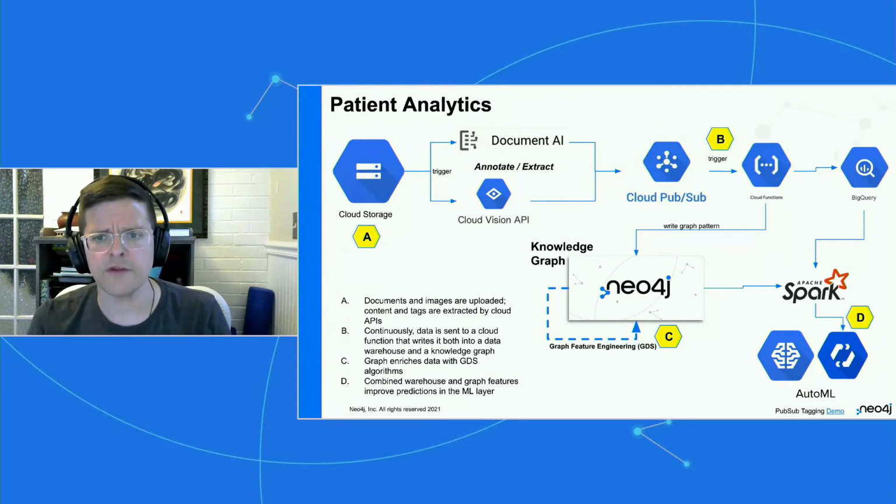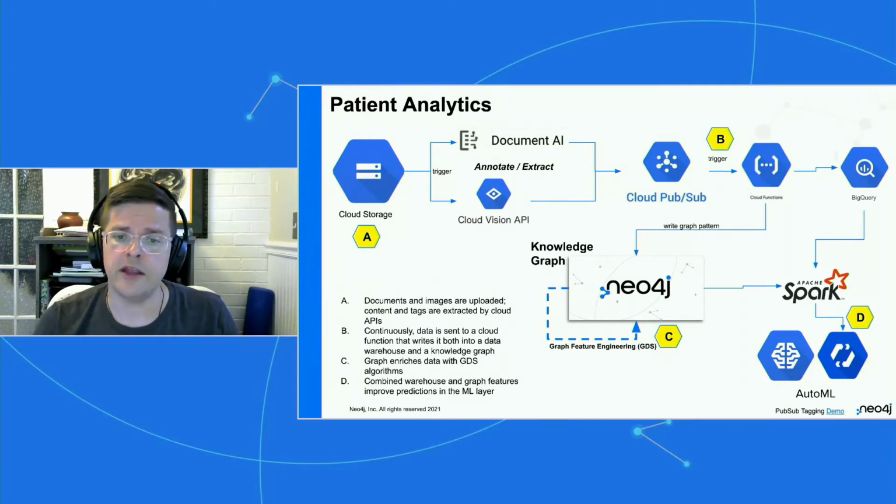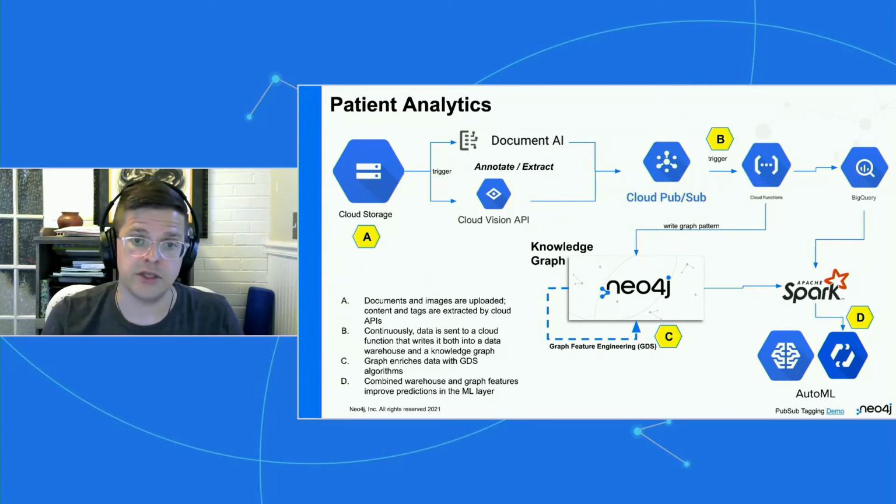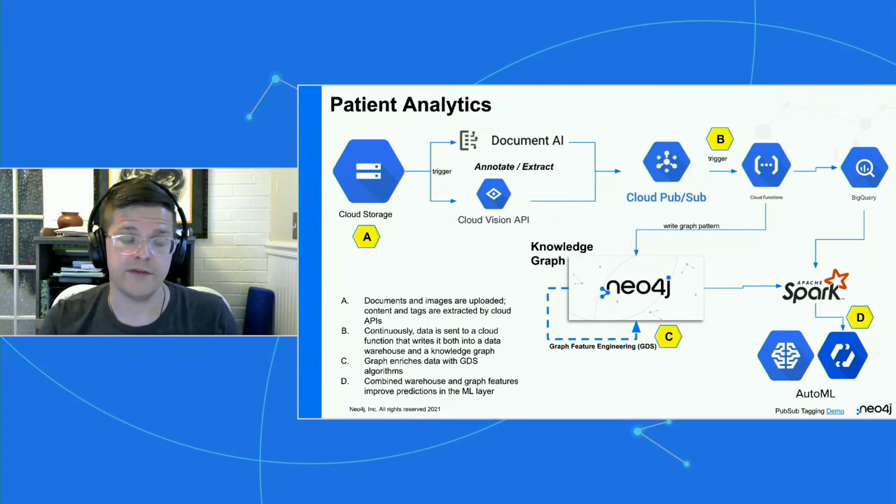So in the knowledge graph in the center, we might use GDS to do some graph feature engineering, and we might add value to that data by doing community detection or by doing a centrality measure on particular patients in our database, and then by simply adding those back as properties to the graph. That is the graph value add step of the three-step model we discussed earlier.